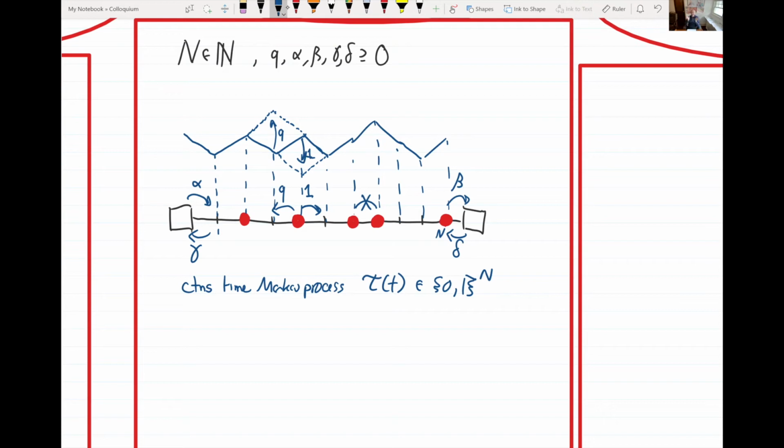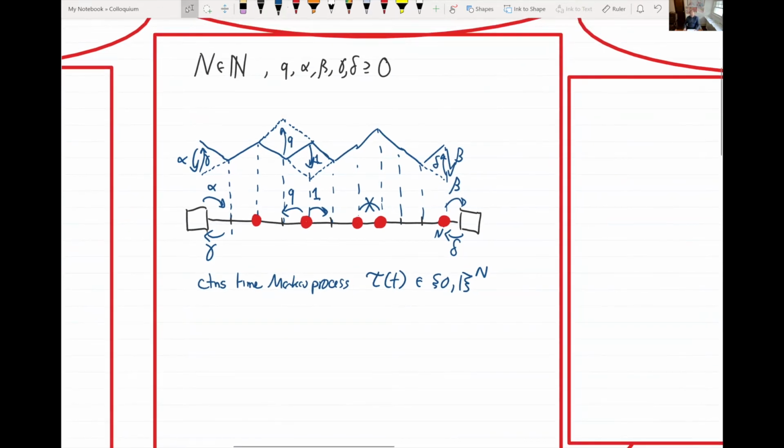So there are all of these minimums and maximums, and they keep flipping around according to these rates, 1 and q. At the boundary, you can just flip yourself up or down. In this case, you would flip down at rate alpha and up at rate gamma. On the other side, you do the same sort of flipping, except now you flip down with beta and up with delta.